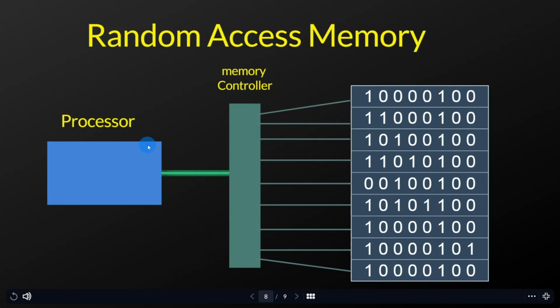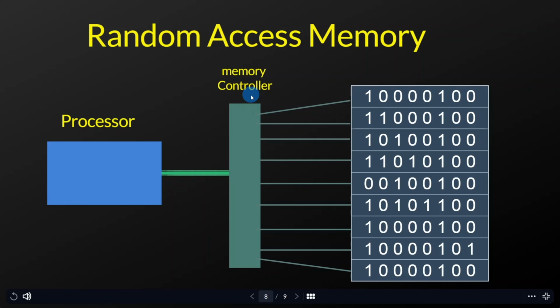Of course, in our computer there is a processor which does all the work. The processor has a direct connection with the memory controller. The memory controller does the reading and writing from and to the RAM, that is our large tall bookcase.